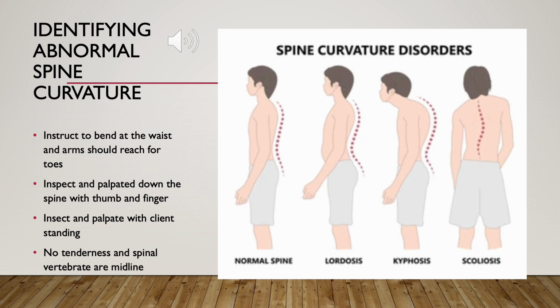So the normal spine you can see has a distinct curvature. And then lordosis is also known as sway back. This would be normal in pregnant people. You know how you kind of waddle at the end when you're pregnant? Kyphosis, I would expect on an older adult, and you can see it's like a hunchback, right?